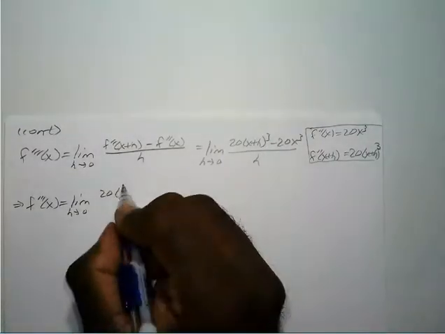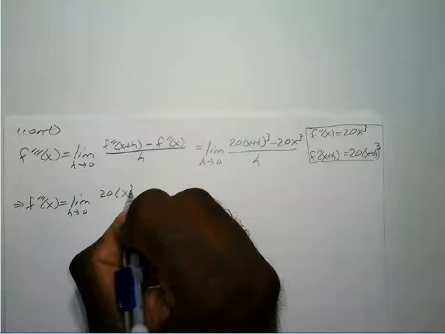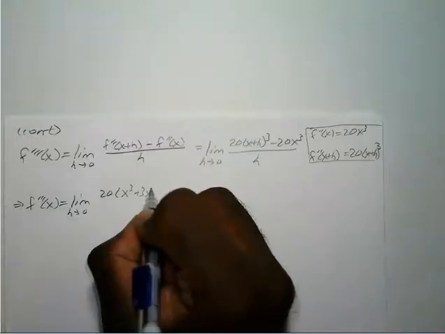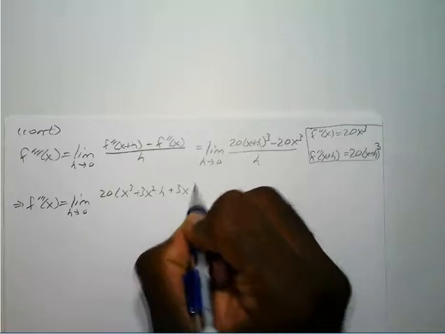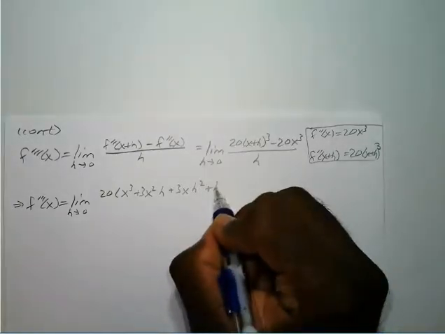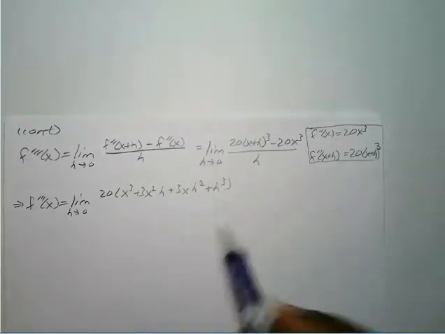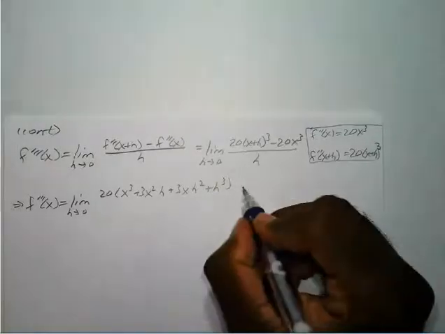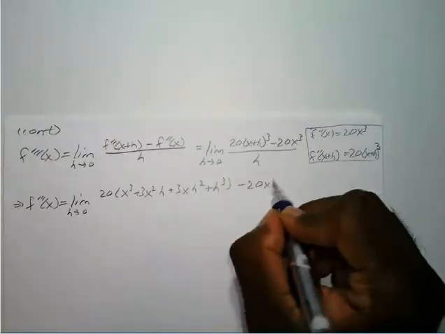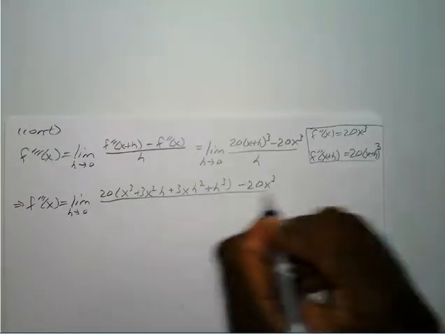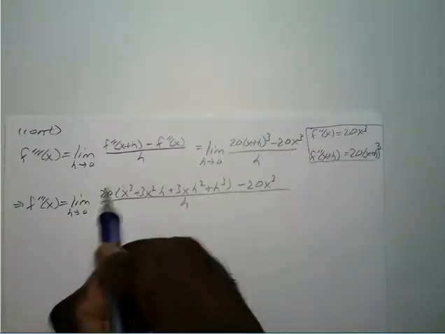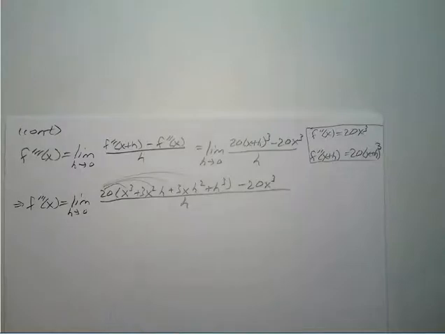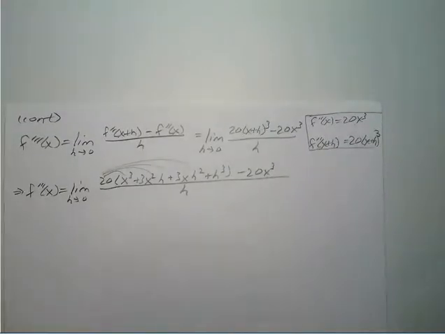So you have x to the third plus 3x squared h plus 3xh squared plus h to the third minus your 20x to the third all over h. Okay, so once again, we want to get rid of those parentheses, so we're going to go ahead and distribute that 20 to each one of those terms.